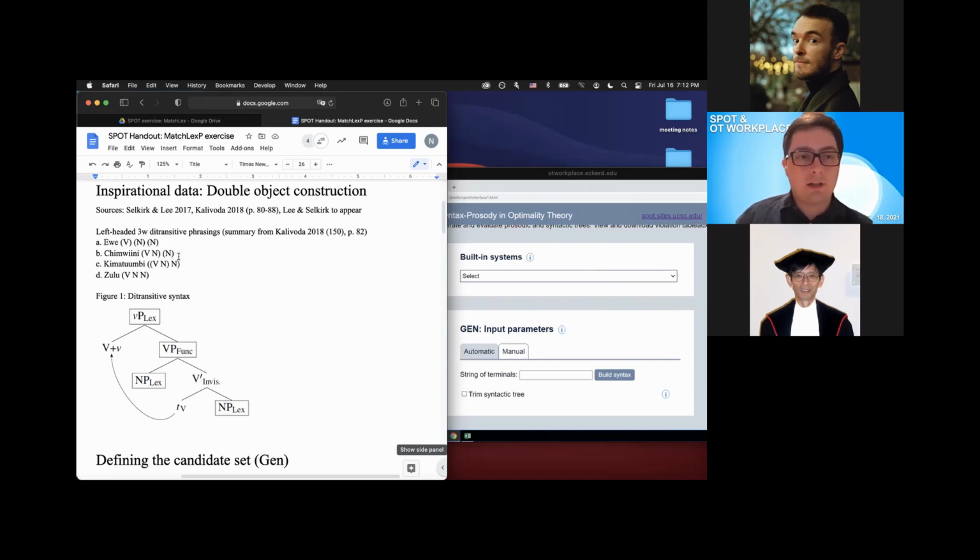You can get a pattern like Timwini, where you have the verb and the first noun together to the exclusion of the second noun. You can have a similar pattern like Himatumbi, where this time the verb and the noun are in a phrase together, and then there's another phi that contains that phrase and also has the noun. So you get a recursive phrasing. Or you could have a language like Zulu, where you just put the verb and the two nouns into a single phi phrase.